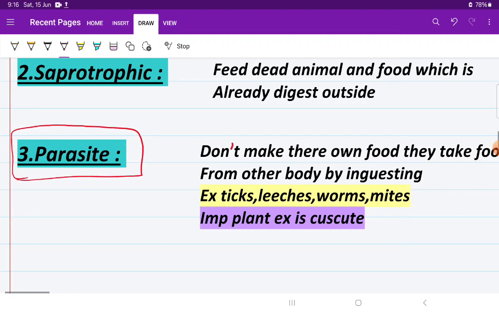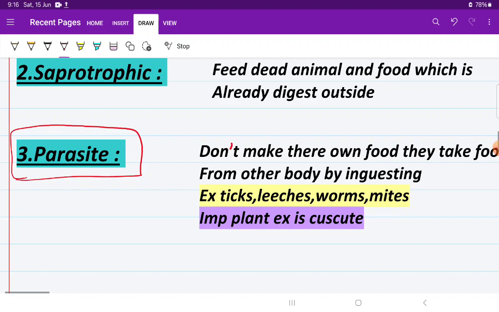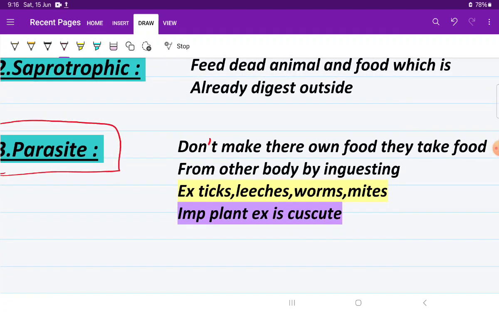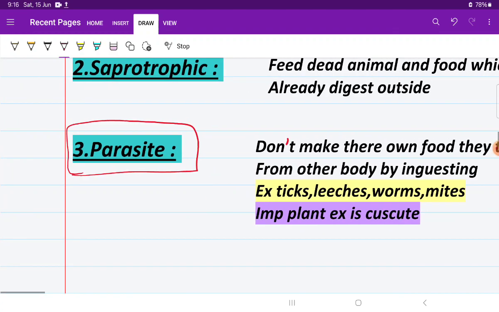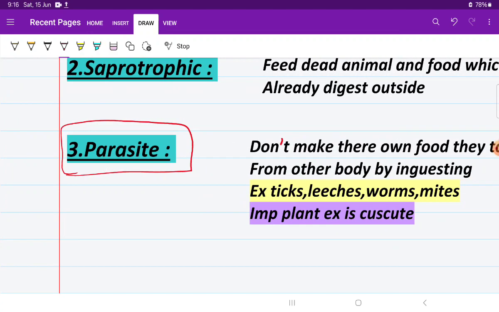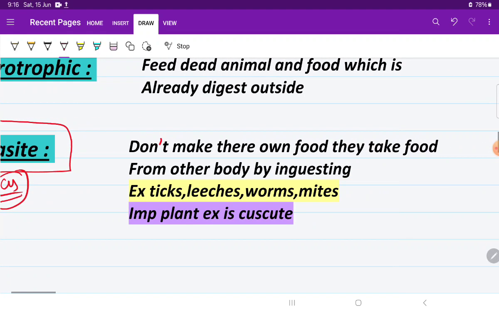For example, ticks, worms or leeches. When you go to the beach, a sticky thing sticks to your leg and starts sucking your blood, that is a parasite. They are directly dependent on us. They are not finding their own food.